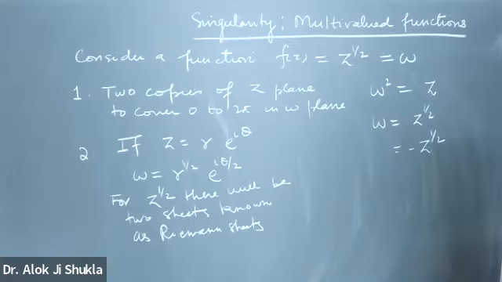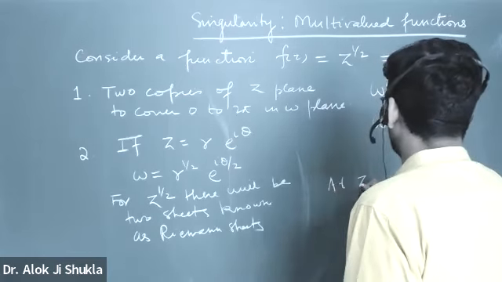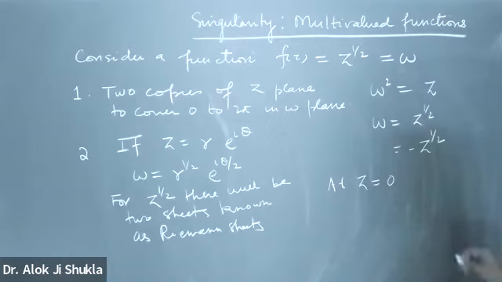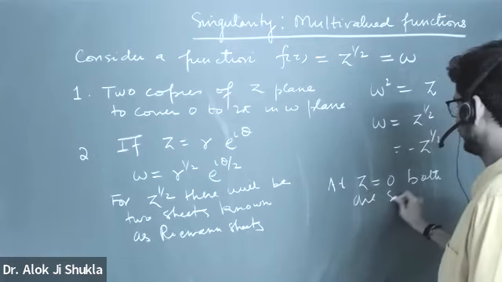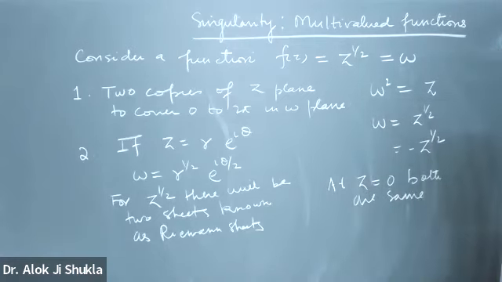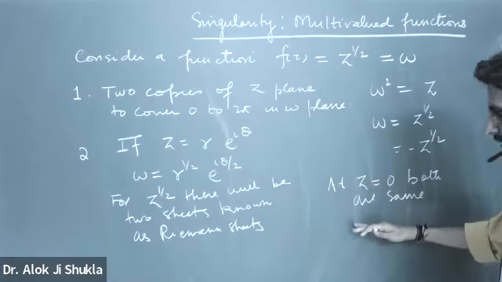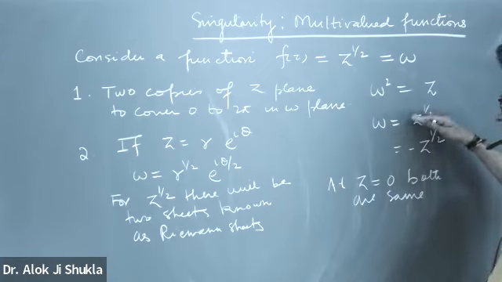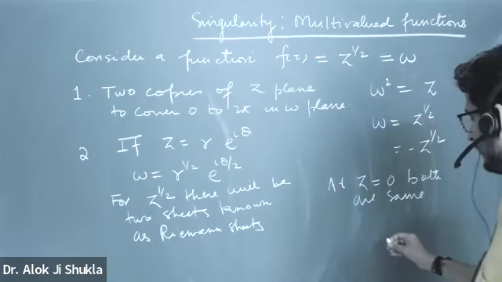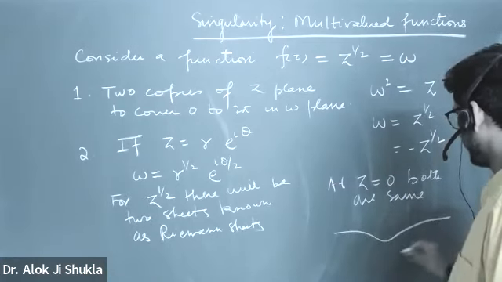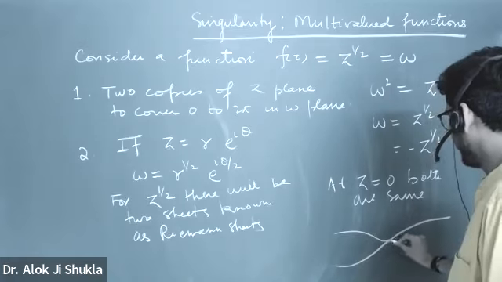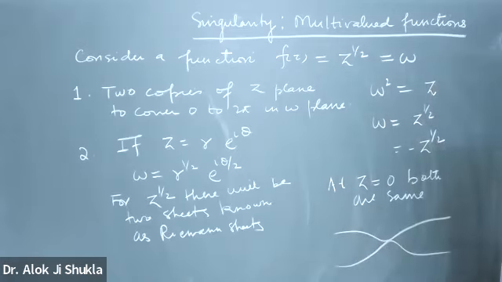And at z is equal to 0, both are the same. So these values become the same at z is equal to 0. If I make the two sheets represent one point this and another point this, you will see that these sheets have to become the same at one point, and otherwise they are different.